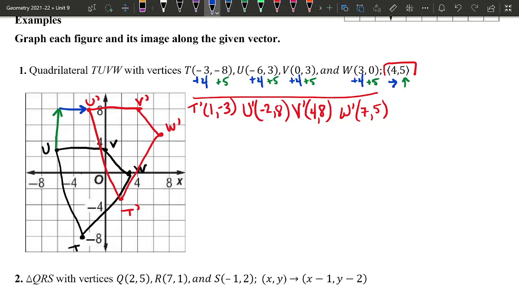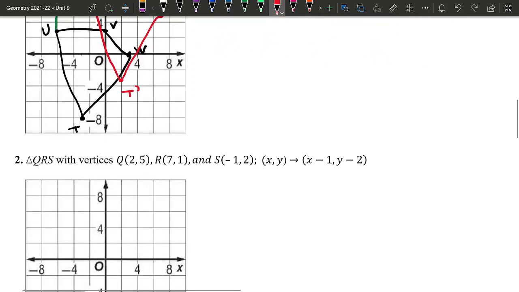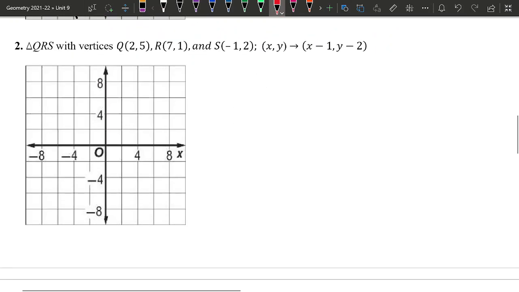Okay. That is with a vector, given the vector. The next one is really the same thing. It's just you're given a rule instead of a vector. It's just giving you the information in a different format. So here we have triangle QRS.